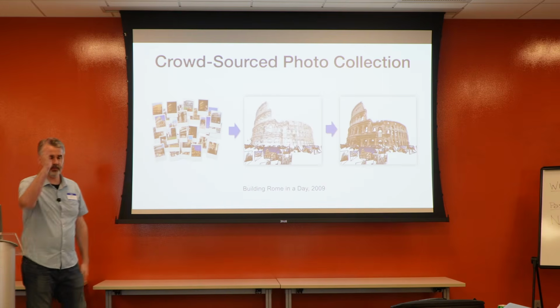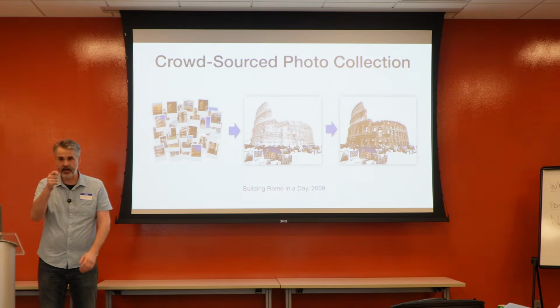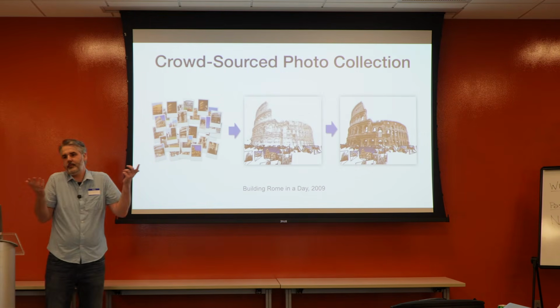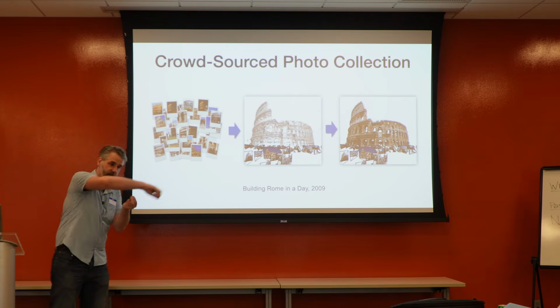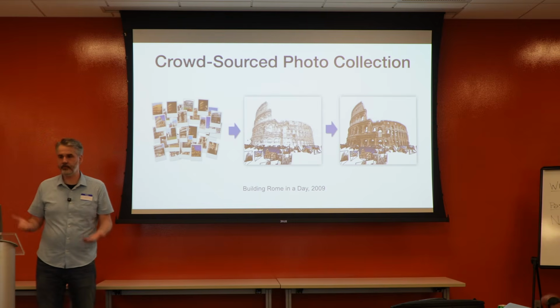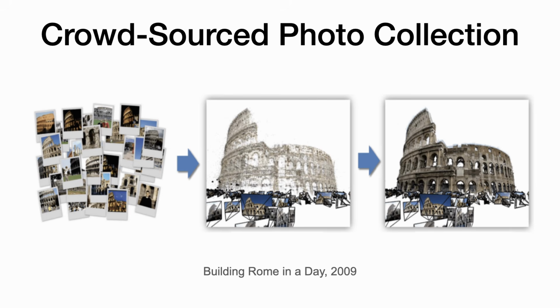Google Street View, they're driving their cars up and down, capturing the same style of imagery for that entire street or that entire city. This says, well, it's very expensive to have a single capture device covering such a large scale. Why can't we leverage the phones and the cameras that people just have in their pockets? And so these projects I'm going to show here were taken from people's vacation photos.